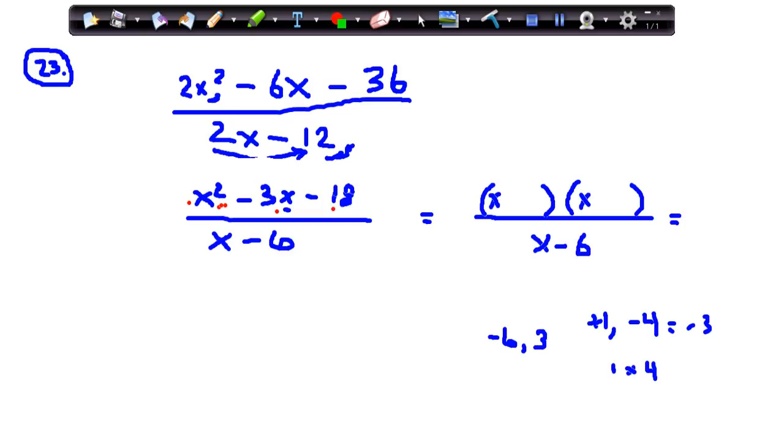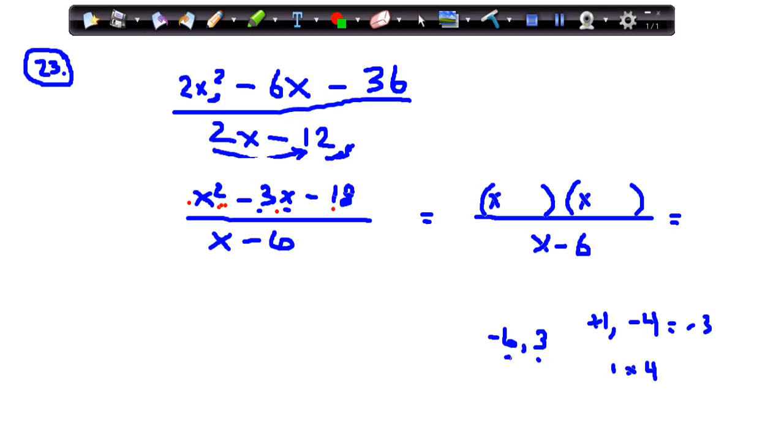So now, when I say I have a negative 6 and a positive 3, that equals a negative 3. So those two numbers, when I add them together, they give me the middle term right here, a negative 3.